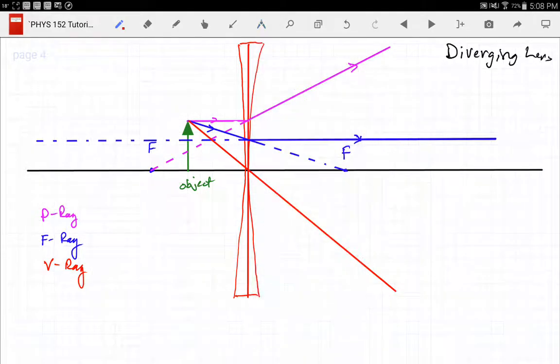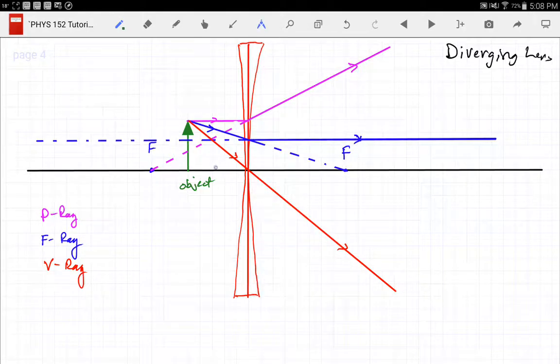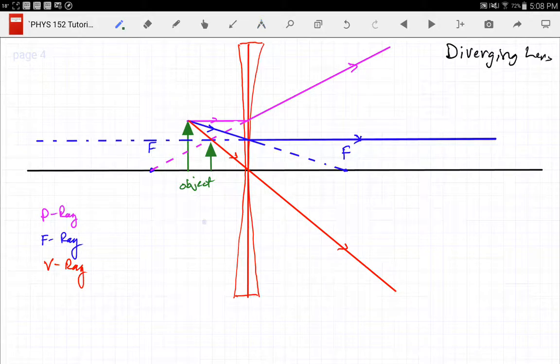This one here, I don't have to worry about any projections. That's what it does. And so now if I look at this, there is a location where all three of these rays meet, right there. So there is my image.